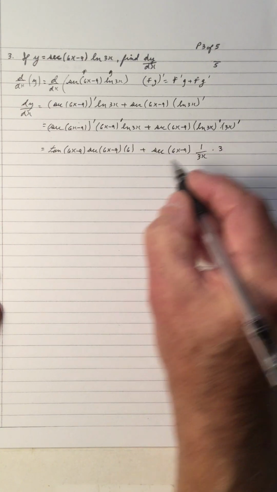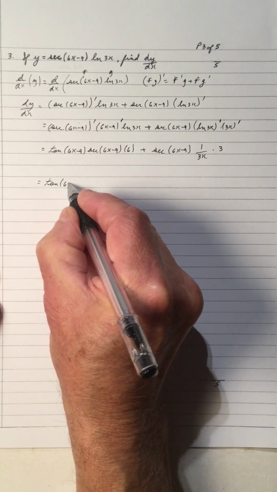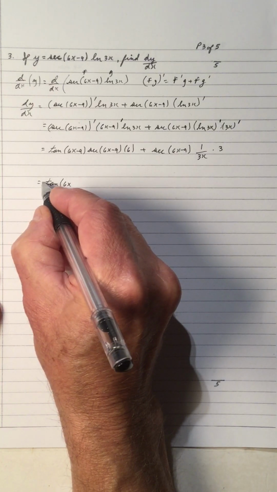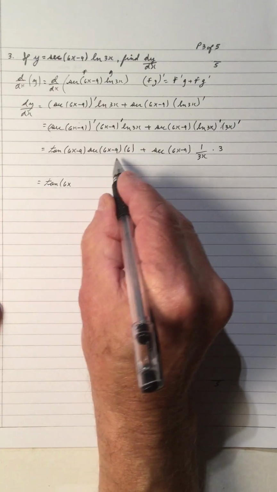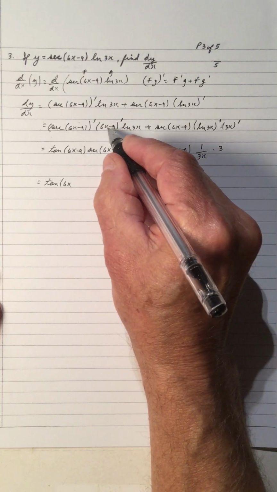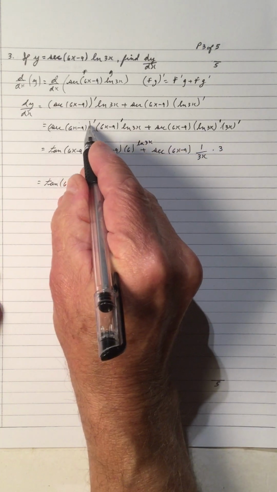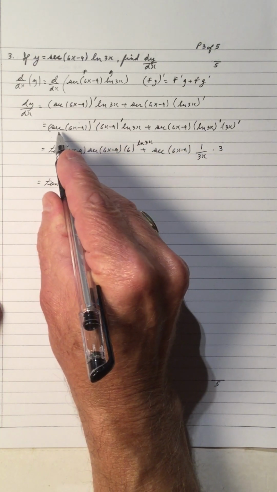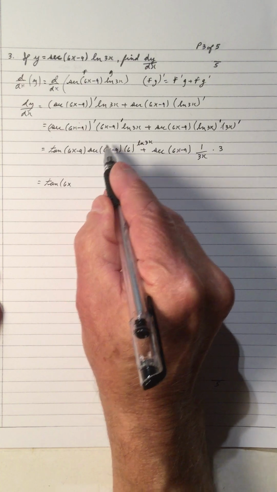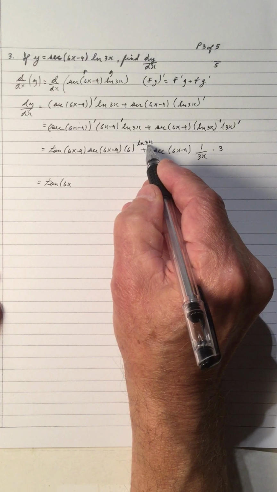So when we simplify this, let's see what we have. We have tan 6x. Oh, we could put a 6 in the front here if we want to. Oh, what I did here too, I forgot to put the ln of 3x there. So I was concentrating on the derivative of secant, which is tan secant, the derivative of the polynomial is a 6, and I forgot to put ln of 3x.